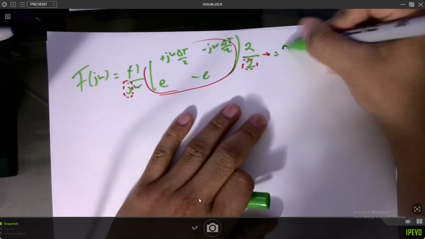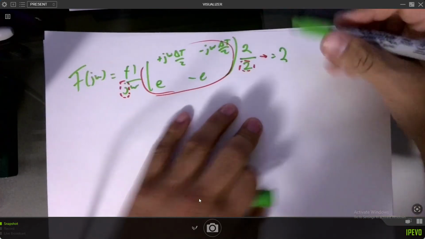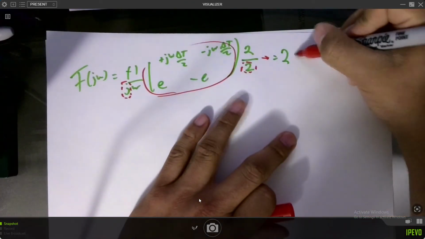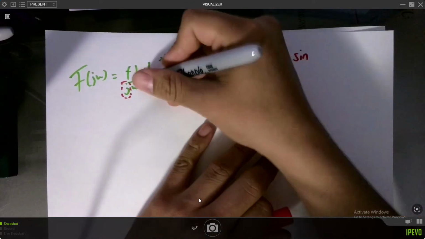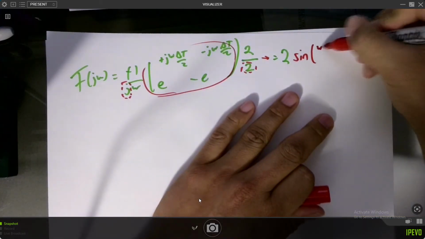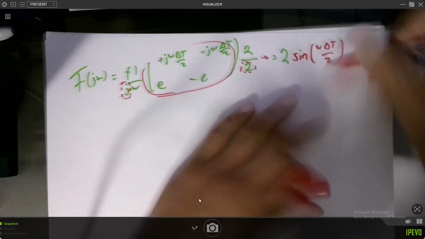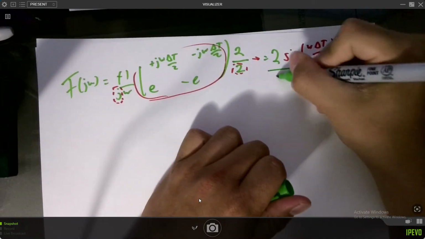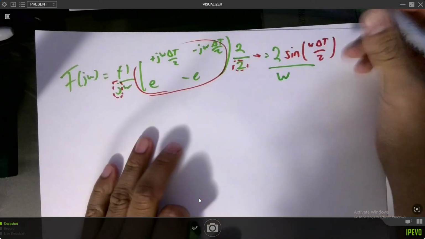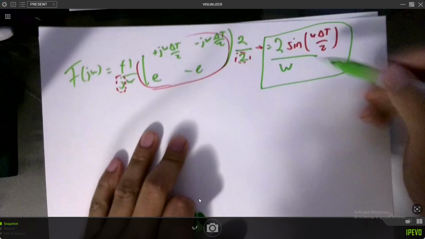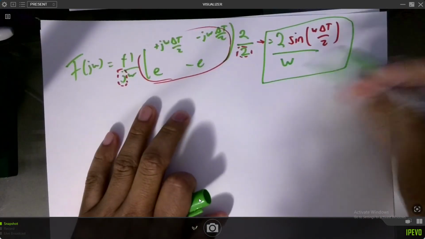We have a 2 that stays here, and then the term that we get is sine of omega delta t over 2, and we have a w there too. And there you go. That is your Fourier transform. So that's how you get it.